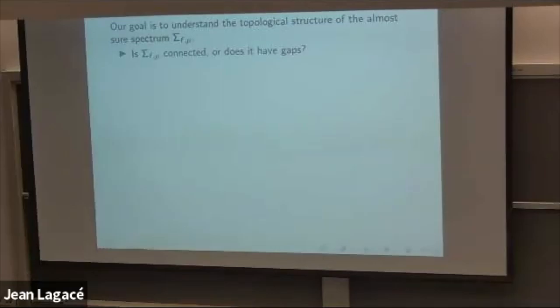Now that you have these almost sure spectra, sigma, of course they depend on F and mu. They also depend on omega and T, but I consider the dynamical system fixed, while I don't consider the measure and the sampling function fixed, so I indicate them here. The first question is whether there are any gaps.